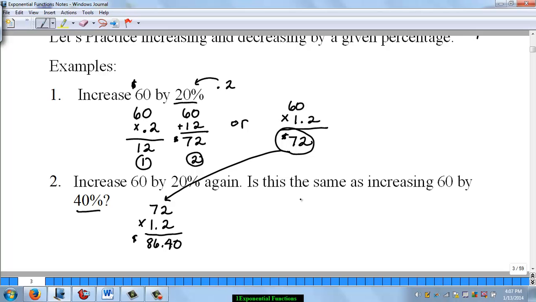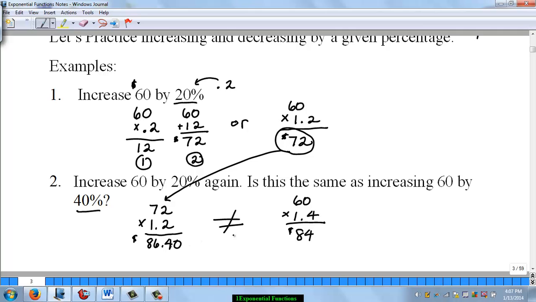The other way is, they said, is this the same as taking the $60 that we had originally and multiplying it by 40%? Well, let's do it by the shortcut way. I'm going to multiply it by 1.4, the 1 being for the 60, the 4 being for 40% of that. And when I do that, I get $84. Do you see how this is more? It's not the same.